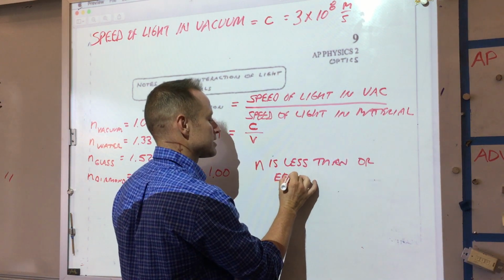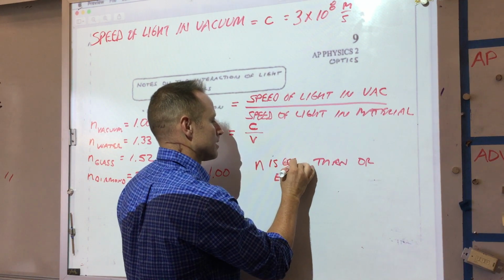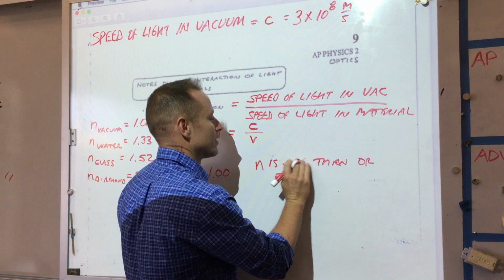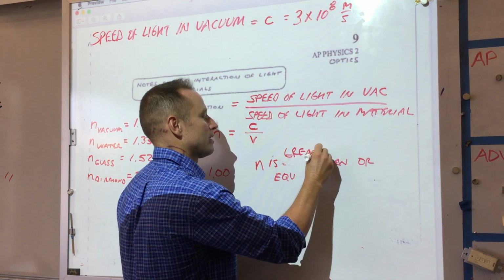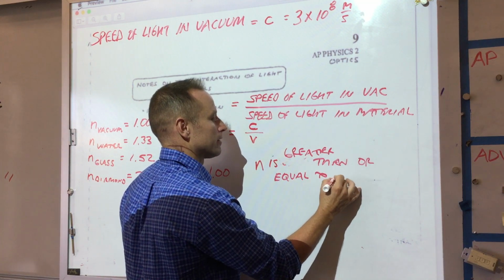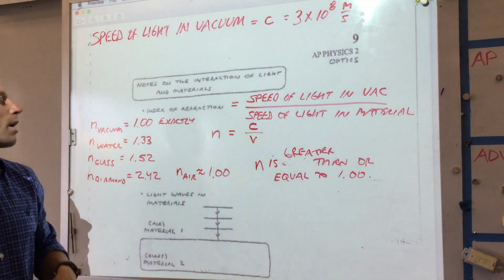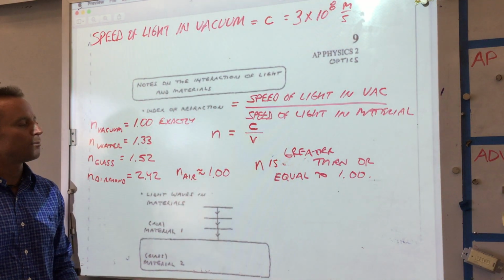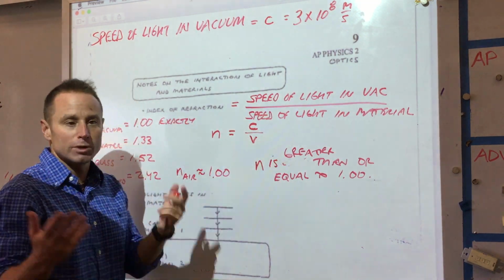I misspoke before. I'm going to write it neatly up above. You can't go below 1, because then that would say that the speed in the material is actually faster than the speed of light in vacuum, which we'll never see.